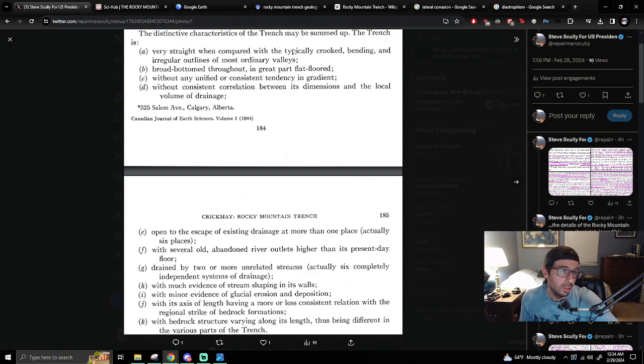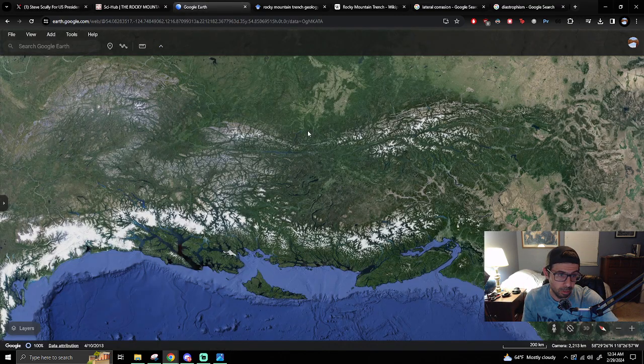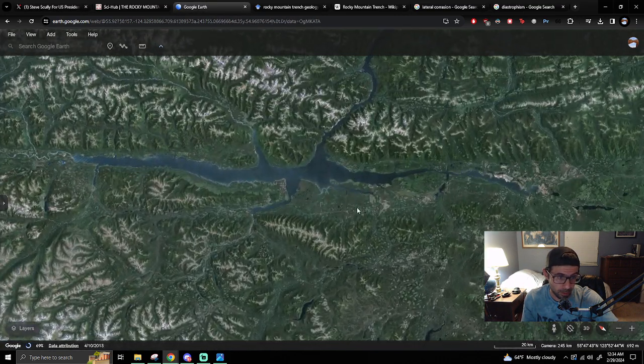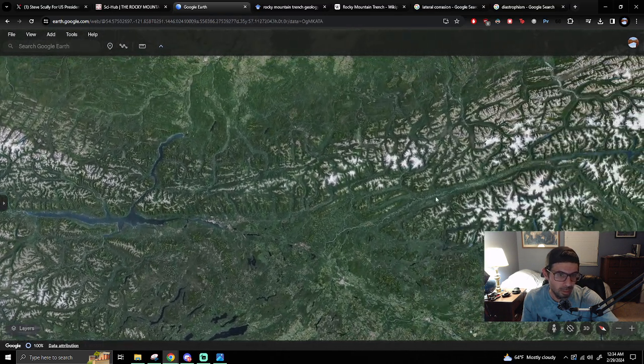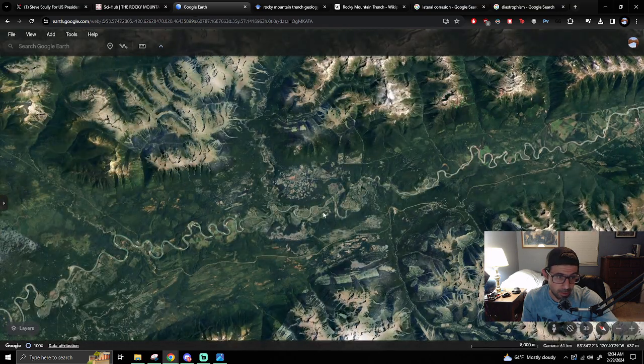Okay, so the distinctive characteristics of the trench may be summed up. The trench is A, very straight when compared with the typically crooked, bending, and irregular outlines of most ordinary valleys. B, broad bottom throughout, in great part flat floored. So if we go here, it's broad bodied throughout. This is the modern river. This is the trench.